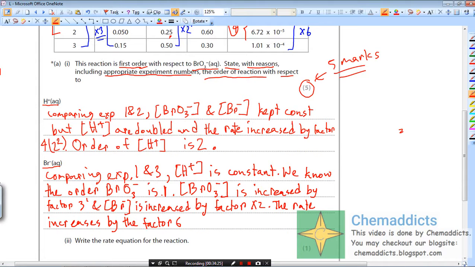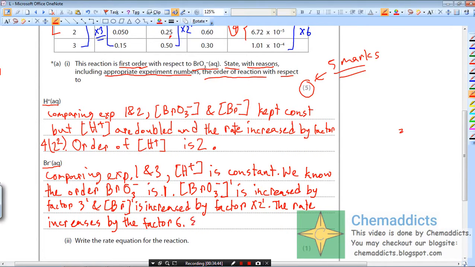So in here we can see that the power represents the order of each reactant. So the order of bromate 5 is 1, and the order of bromide is 1.